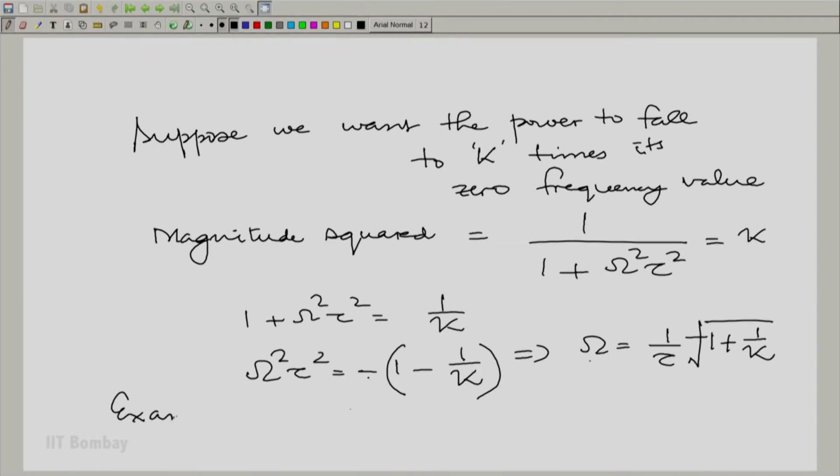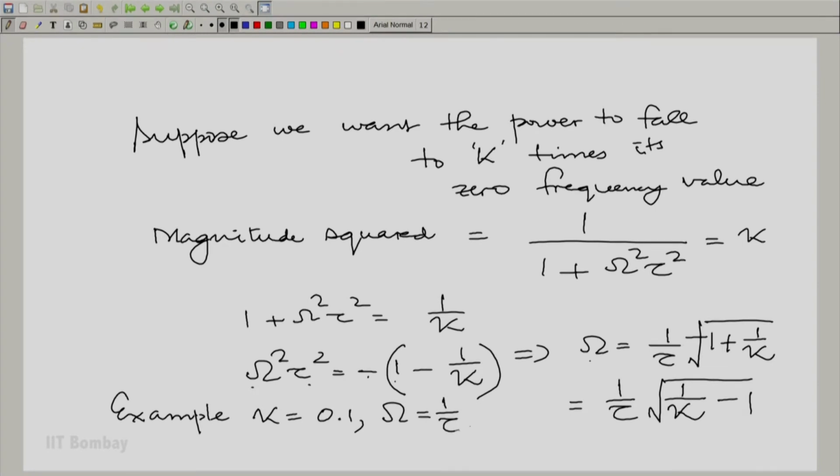Suppose, for example, k is 10% or 0.1. Let us take k to be 0.1. Then capital omega is 1 by tau into the square root of 1 by 0.1, that is 10 minus 1, that is 9, and the square root of 9 is 3.